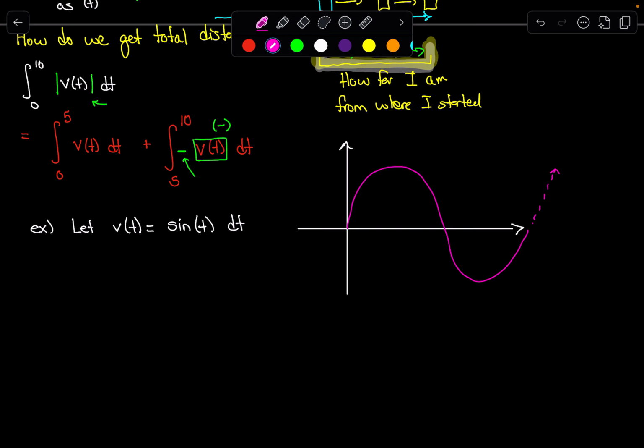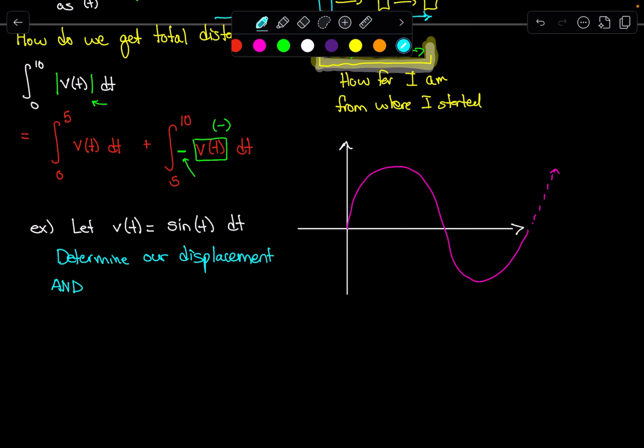And our goal is going to be to determine our displacement and total distance traveled from t equals 0 to t is equal to 2 pi, okay?